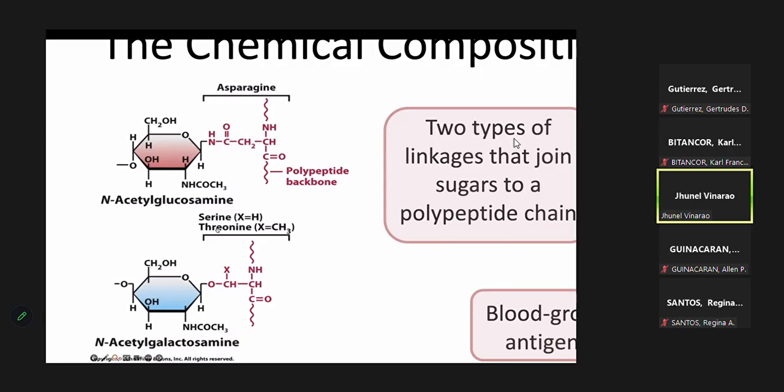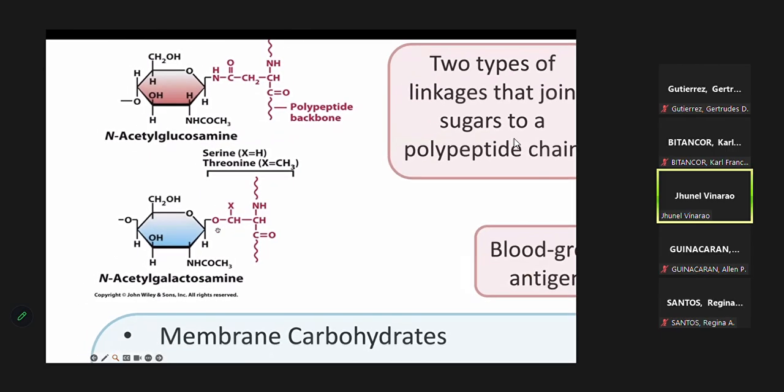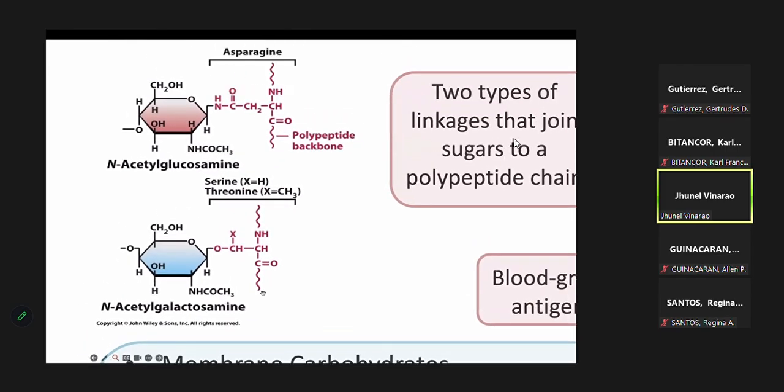For others, the interaction is not on the nitrogen but on oxygen. So this one is N-linked glycosylation, and this is O-linked glycosylation. N-linked glycosylation is displayed by the amino acid asparagine.